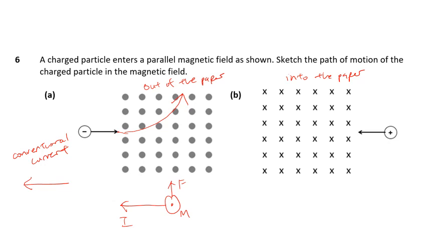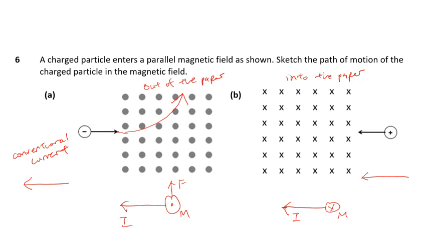Part B is a lot more straightforward. Our current is directly to the left again, since a positively charged particle flows in the same direction as the current. Our magnetic field is into the paper, so let's sketch all this as shown.